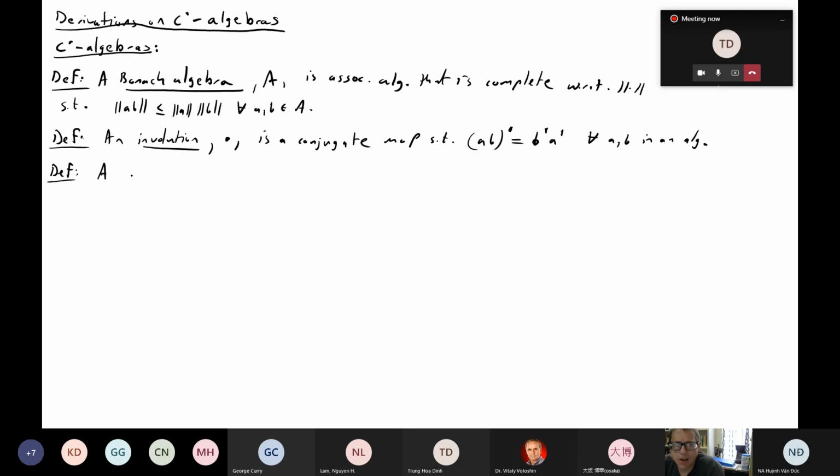And then finally, a C-star algebra is going to be a Banach algebra that has an involution.